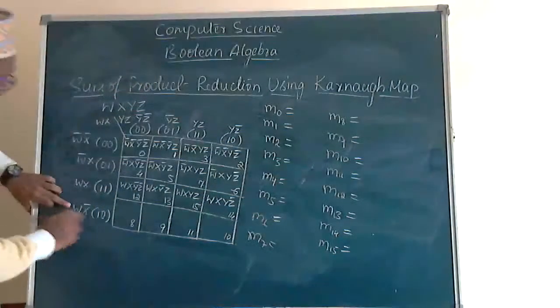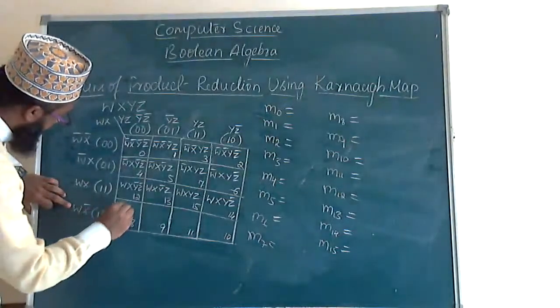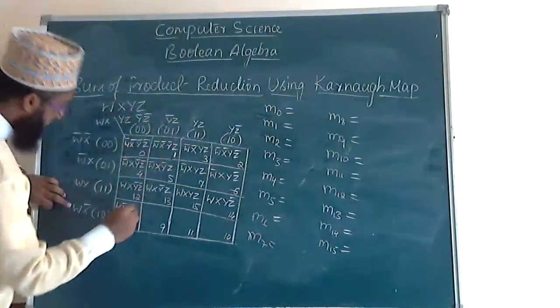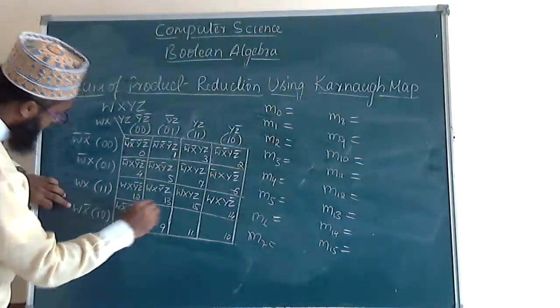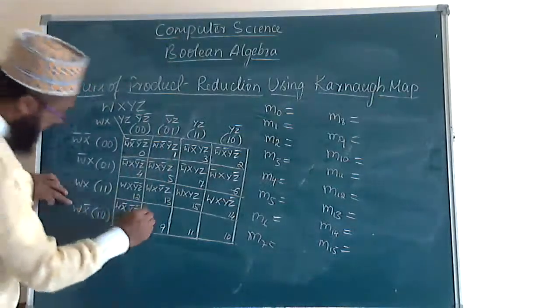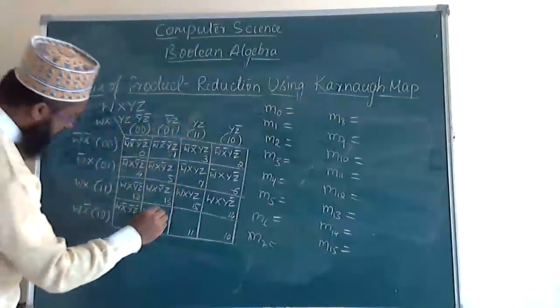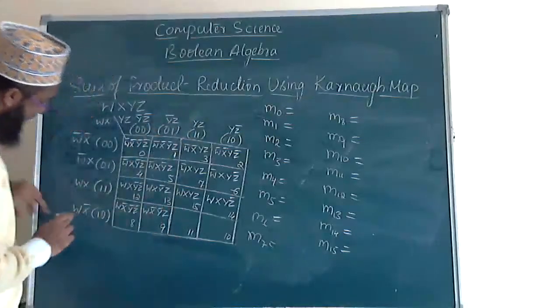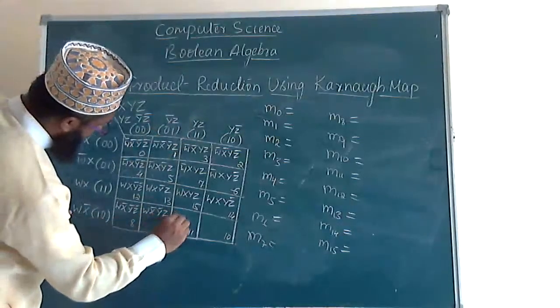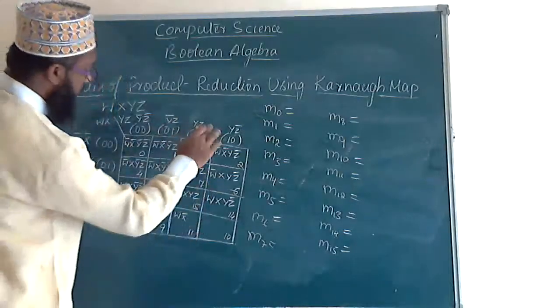Okay, for last w x bar, y bar z bar. Then w x bar, y bar z. Then w x bar, y z.